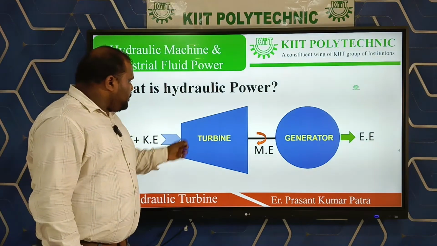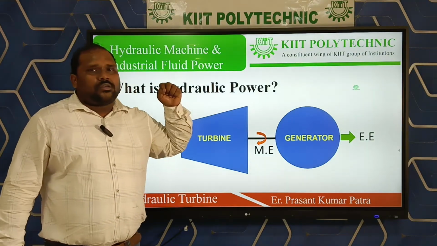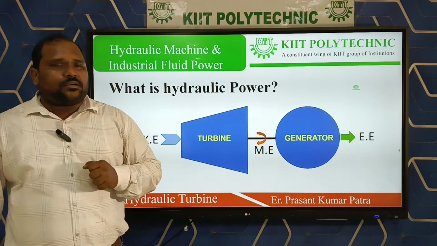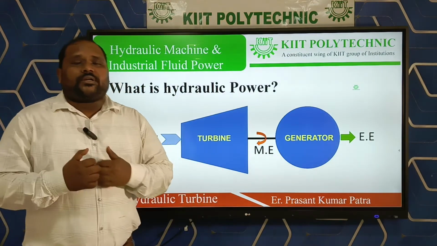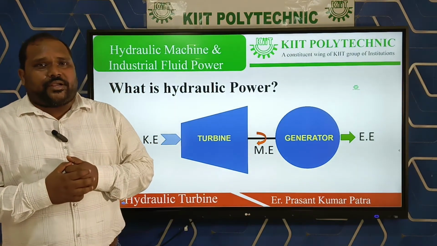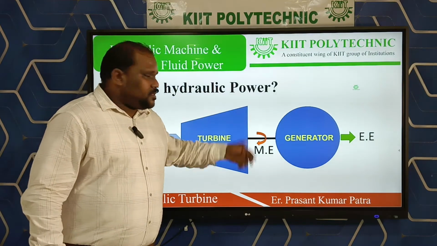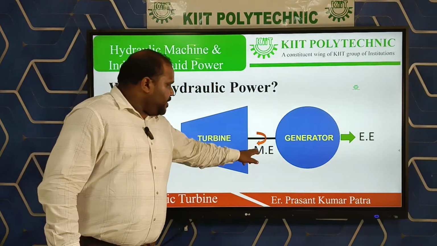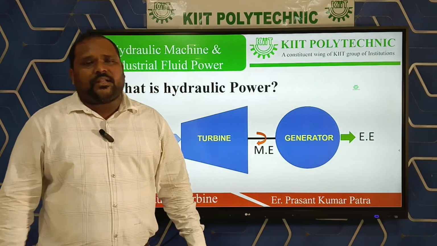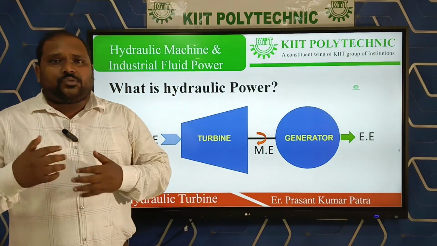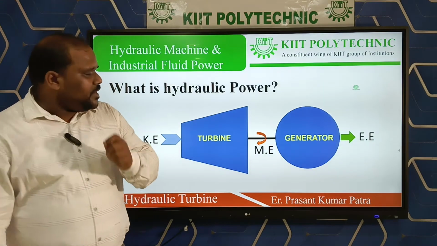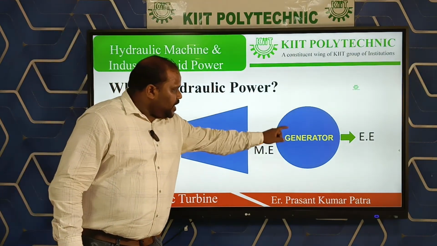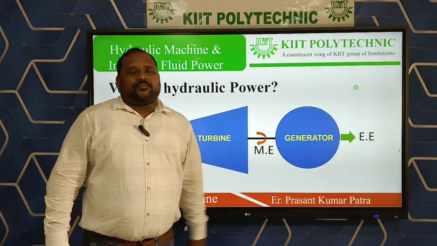So when we give energy to the turbine by means of flowing water, the turbine rotates, and when the turbine rotates, its shaft rotates. Here I have shown the rotation of the shaft, and I have written ME, that is the mechanical energy. The turbine produces mechanical energy, and that mechanical energy is utilized in the generator.